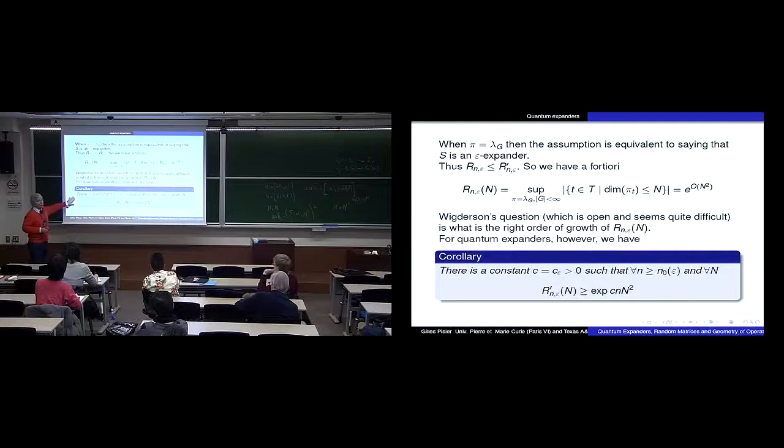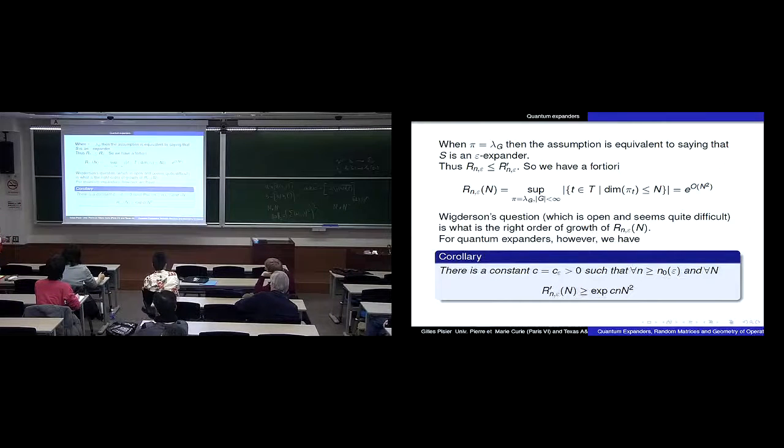The proof of the corollary is direct from the main theorem. You just take a direct sum of this large family of separated n-tuples, and it produces this. It's a direct corollary, which is more or less equivalent, except that I can play with epsilon and delta and have more. In the theorem, I have a little more than in the corollary.